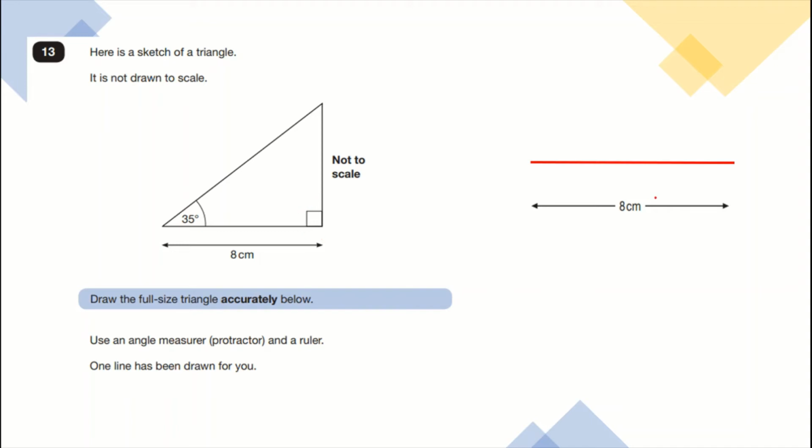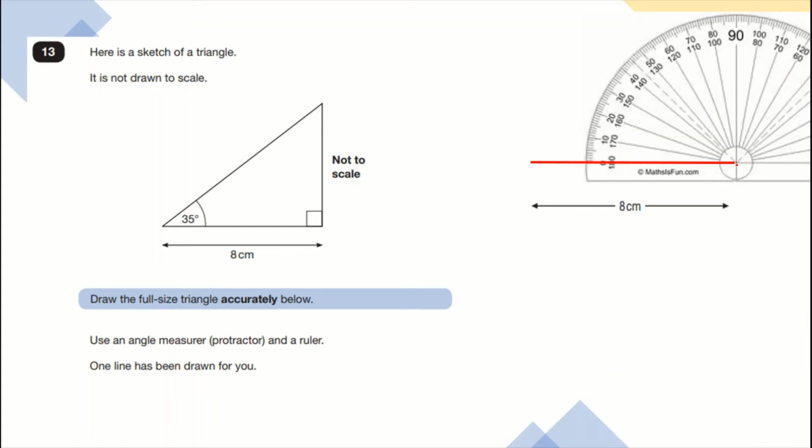We need to use our protractor, so we're going to get our protractor and place it on this point here. Make sure that the center point of your protractor touches the center point of the line that's drawn. So this is 90 degrees, so we're going to draw a straight line from here to our point, like so.